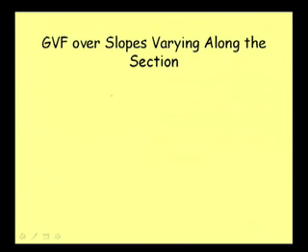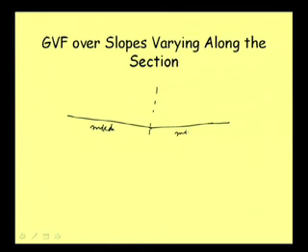Say it is a mild slope coming, mild slope and then it is becoming further milder. This is not horizontal, this is also mild slope, but it is milder than the existing one.